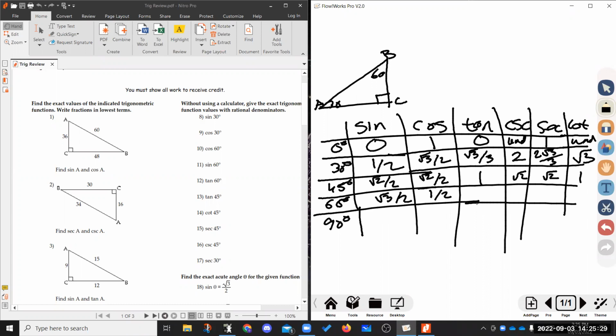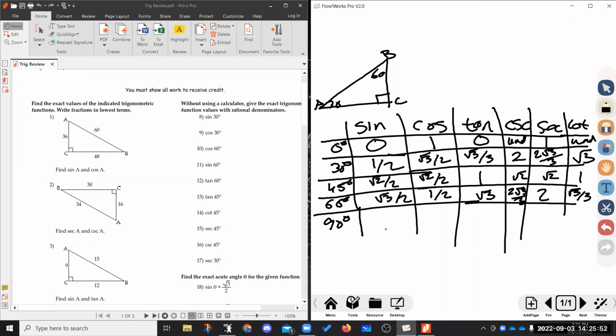Tangent is going to be √3. And this is √3/3 over here. Reciprocal of the, this is 2√3/3, and this is 2. These all switch places here.